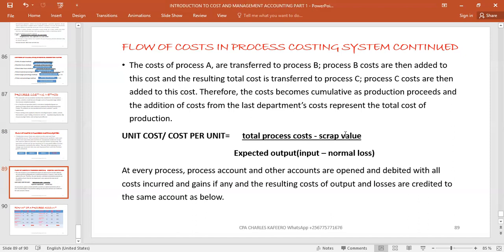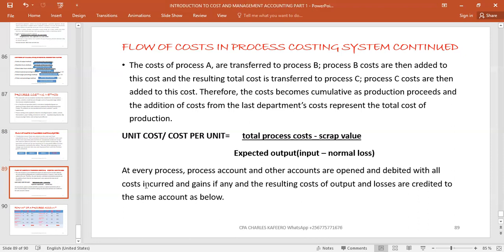Don't worry, this normal loss figure they will give you in the question, and the selling price of the normal loss they will give you in the question. We divide by our expected output. We are dividing by the expected output, not the actual output. And to get our expected output, we said it is the input minus the normal loss.